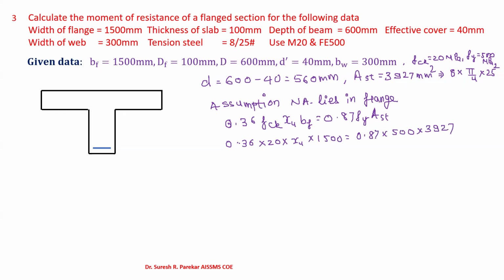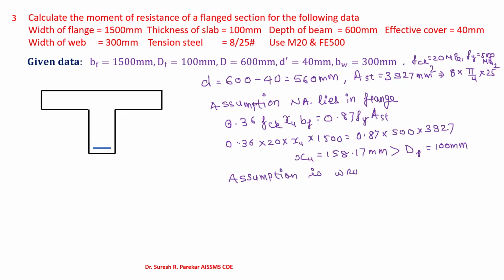And by this, we are going to get value of XU, which is equal to 158.17 millimeters. So our assumption, which is greater than DF, which is given as 100 millimeter, is wrong.